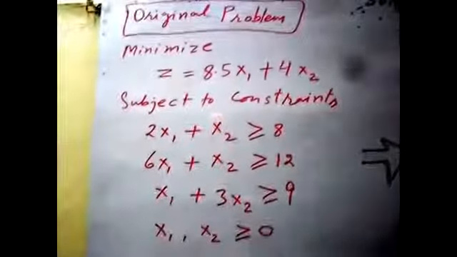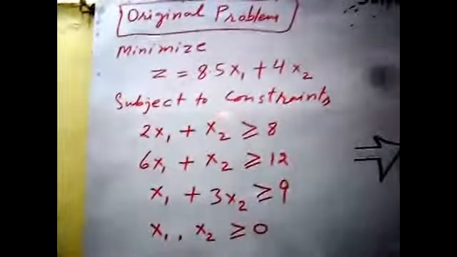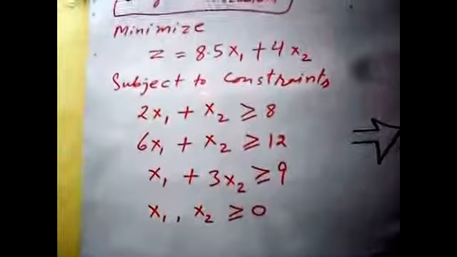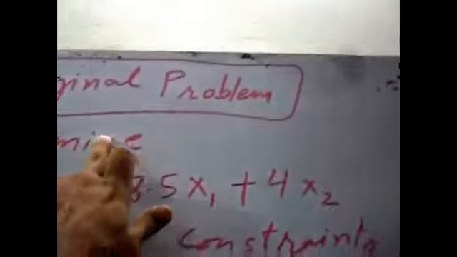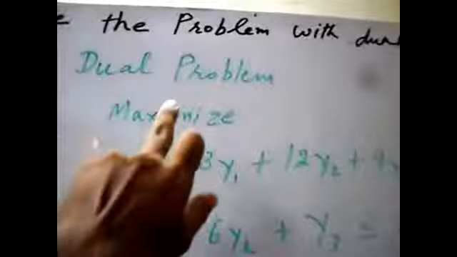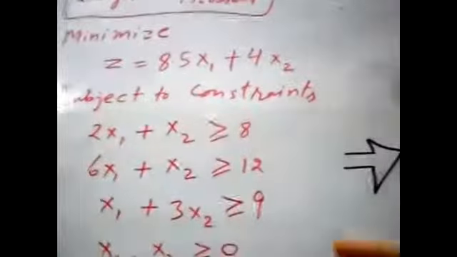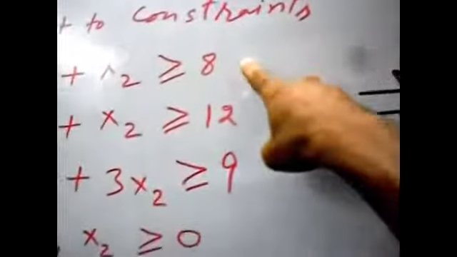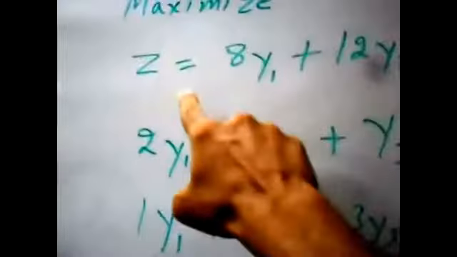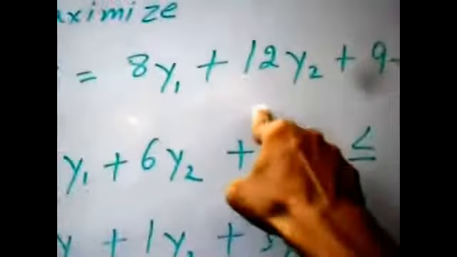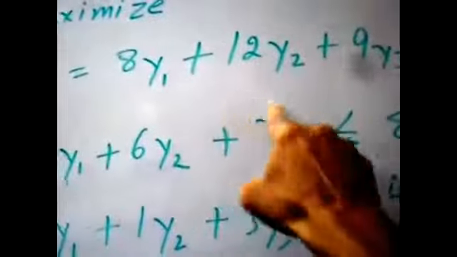This is the problem. Now if we have to solve it with the dual simplex method, first of all we convert this original problem to the dual problem. For this we take 8, 12, 9 as the objective function, 8, 12, 9 with y1, y2, y3.